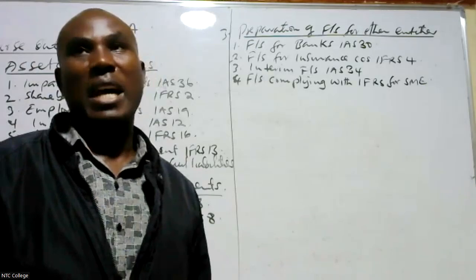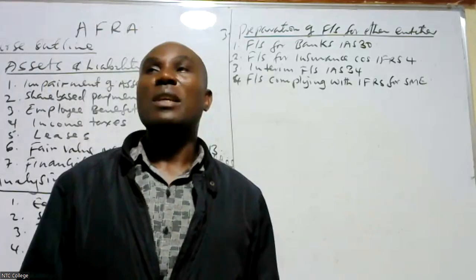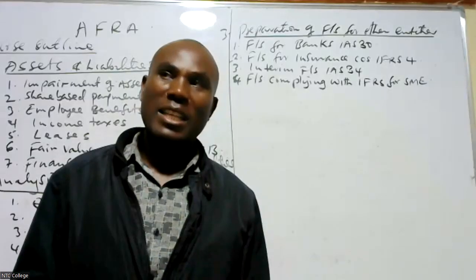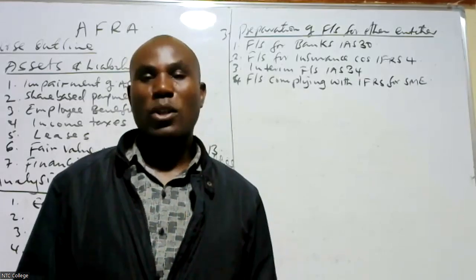If your turnover is less than 5 million, you are an SME. When you are a small and medium enterprise, you cannot apply full IFRS, because full IFRS comes with a lot of cost. Therefore, you will not make it in that business.